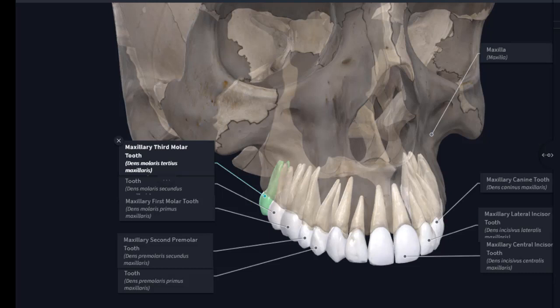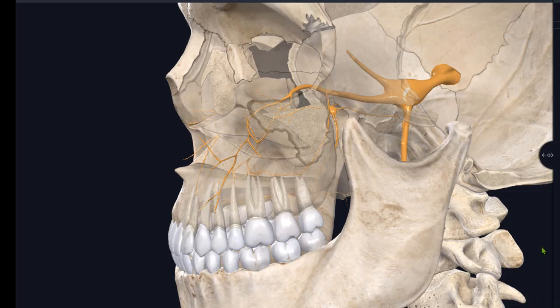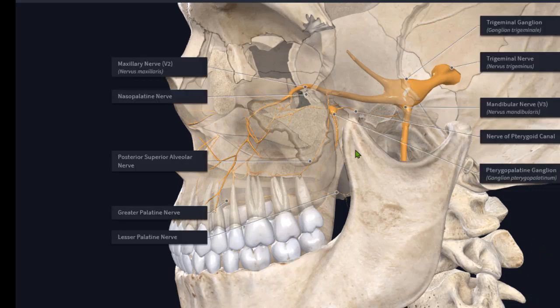Now we will see how the pterygopalatine fossa forms with the help of the maxilla. Here you can see the trigeminal ganglion.